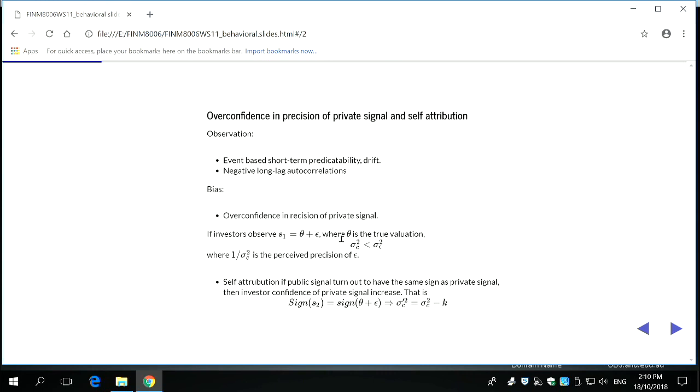But more importantly, as we mainly talk about the disposition effect, how would those behavioral effects affect asset prices? For example, we often witness price drift in the market.